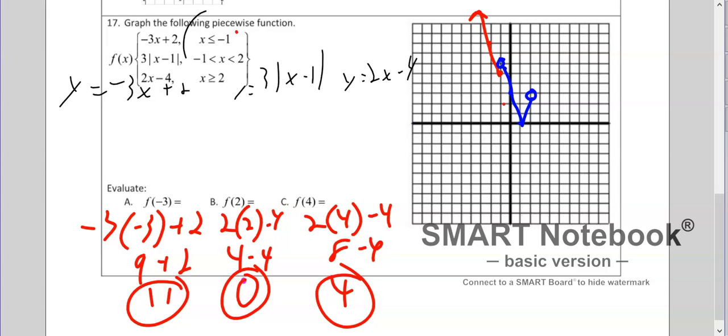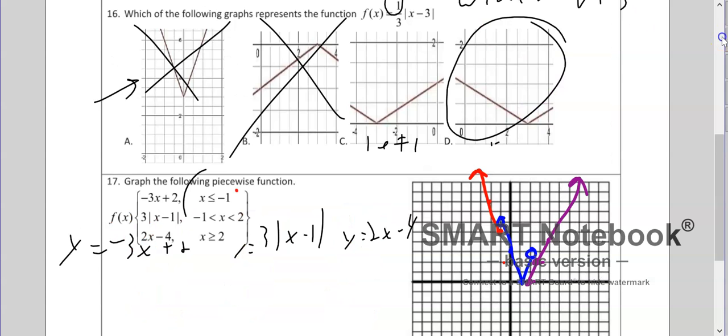So 2, 0, right here. What was it? 3, 2, and 4, 4. And there's my line. Okay? That's my piecewise graph. Parts of two lines and parts of an absolute value in between.